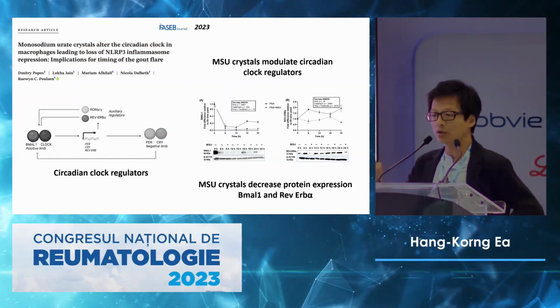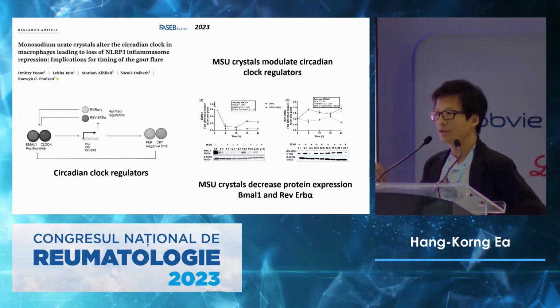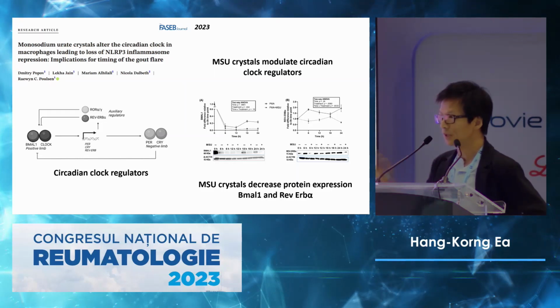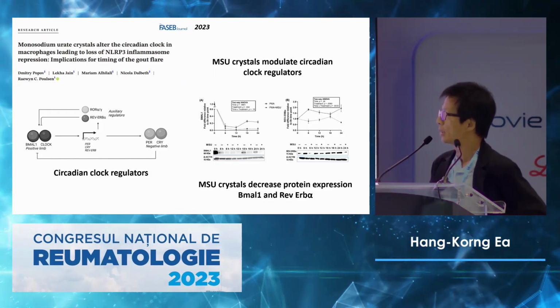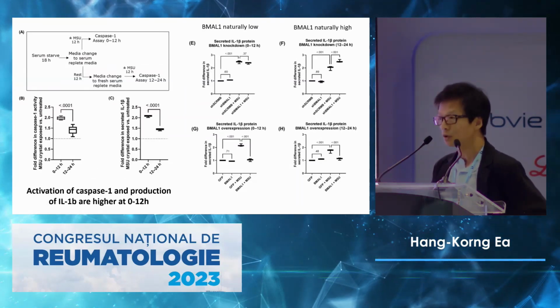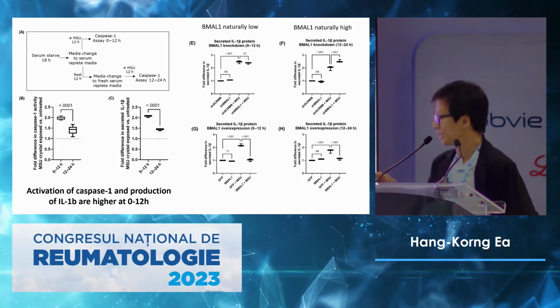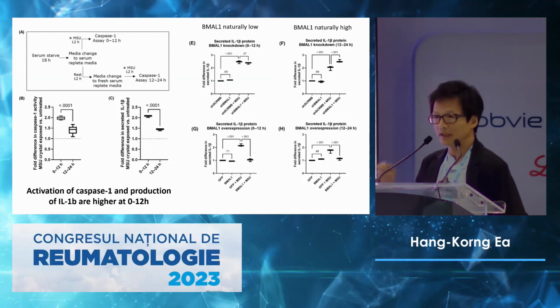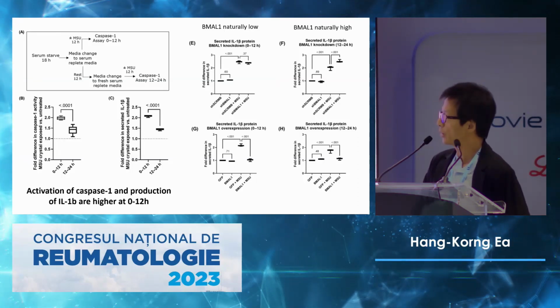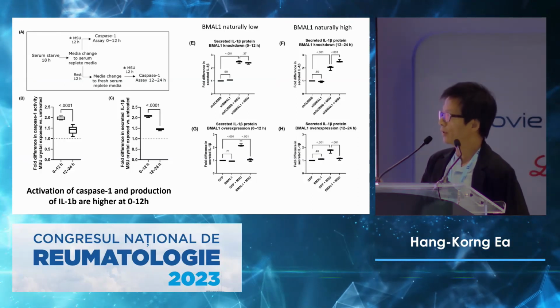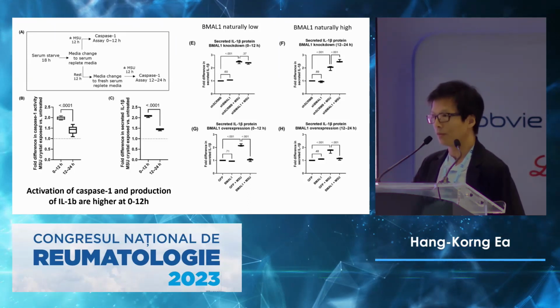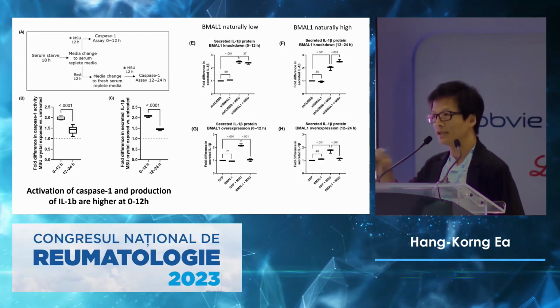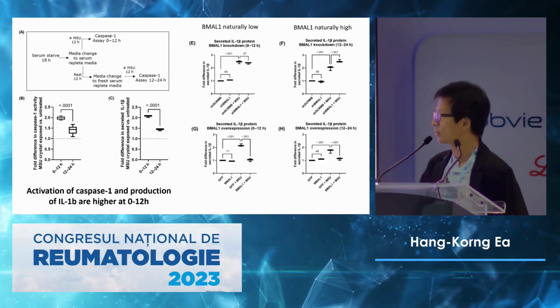So MSU crystals reduce the protein expression of these two molecules that are important for the circadian clock.